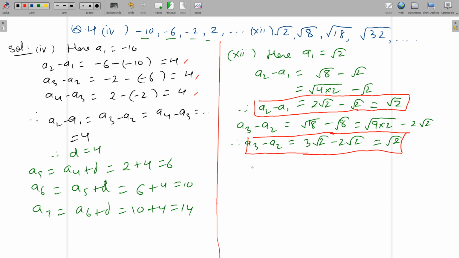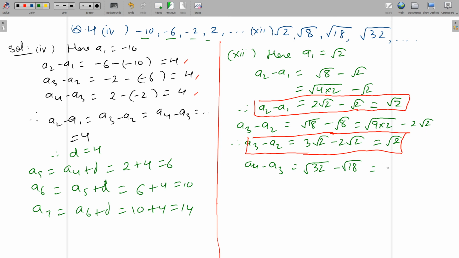So we'll find the difference of a4 and a3. So next one is a4 minus a3. What is a4? Root 32 minus, what is a3? Root 18.